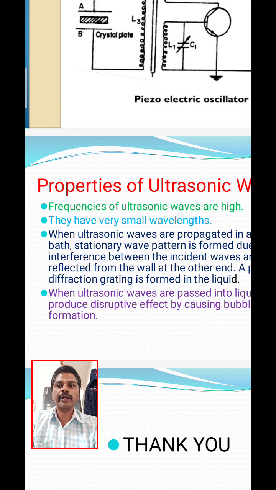Thus, a plane diffraction grating is formed in the liquid. When ultrasonic waves are passed into liquids, they produce disruptive effect by causing bubble formation. These are some properties of ultrasonic waves.